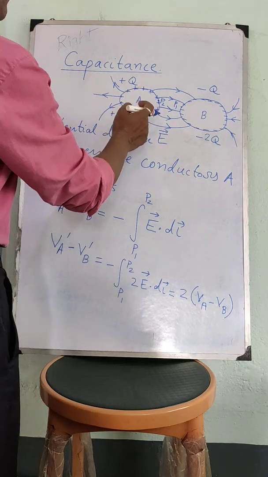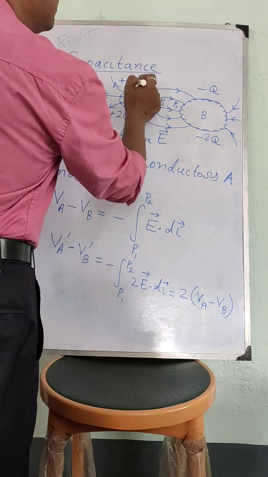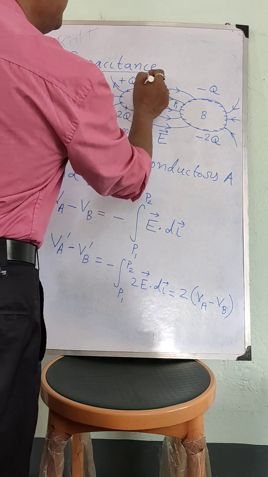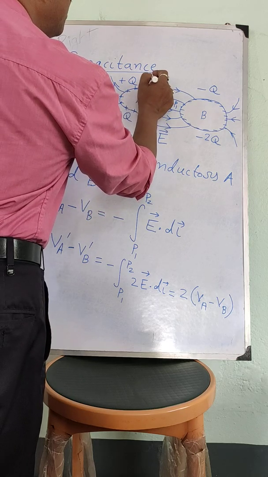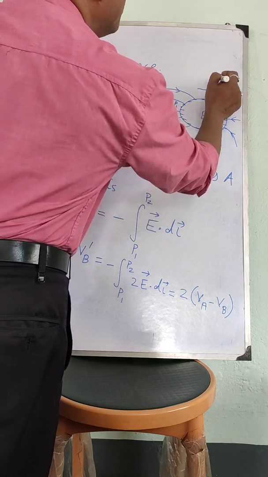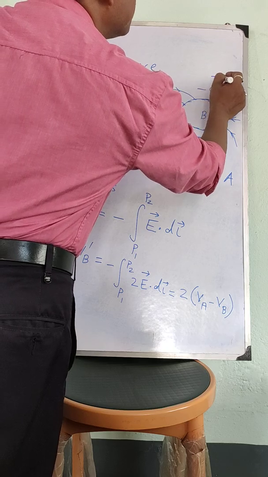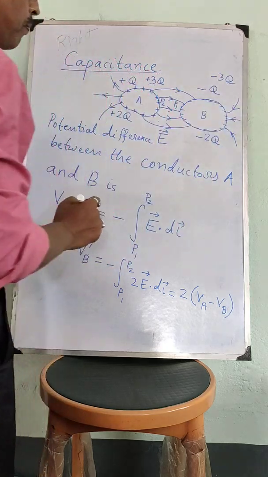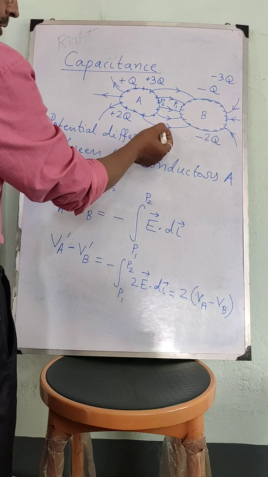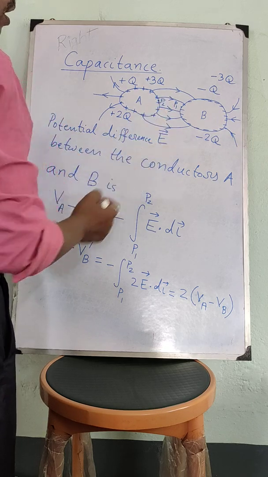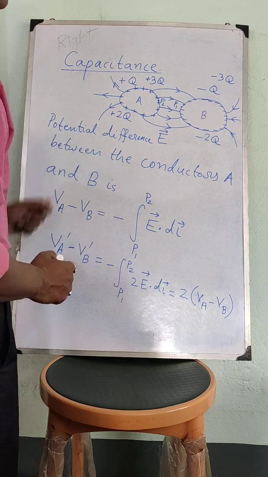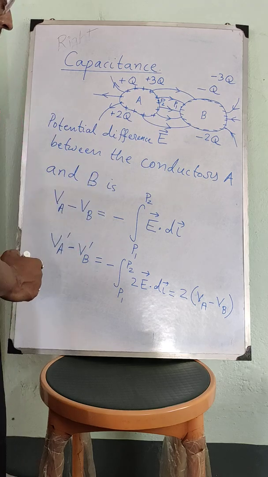Okay, now if I increase the charge by 3 times, suppose here I put plus 3q charge and here I put minus 3q charge. So from the principle of superposition, the magnitude of the electrostatic field at each point will be multiplied by 3, that is, will be tripled, but the direction will remain the same.